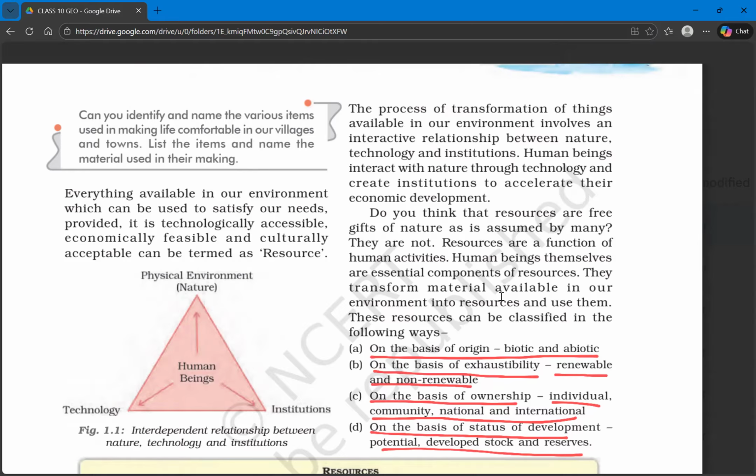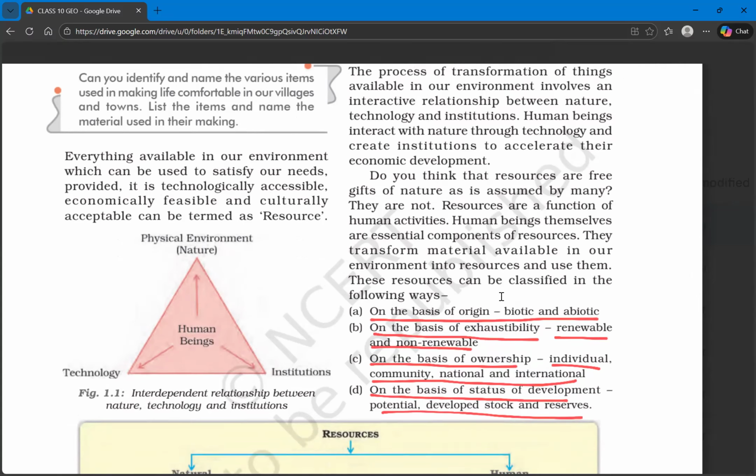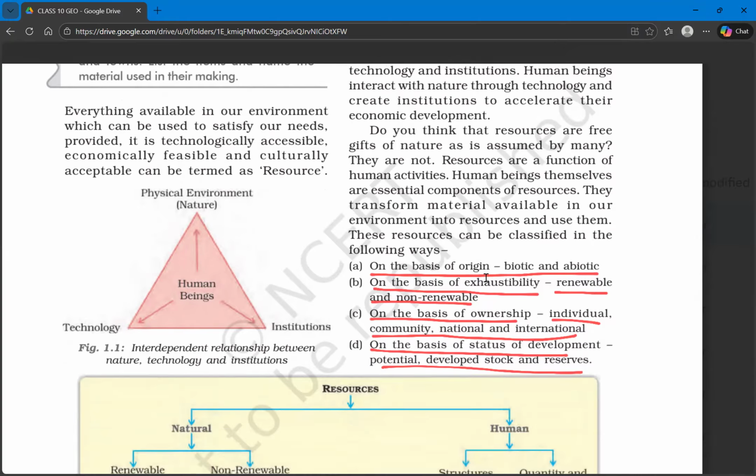With our intelligence and knowledge, we have invented technologies so that we can transform materials into resources that can satisfy our needs. So resources are not free gifts of nature, they are a function of human activities. They transform material available in our environment into resources and use them. Who? Humans.